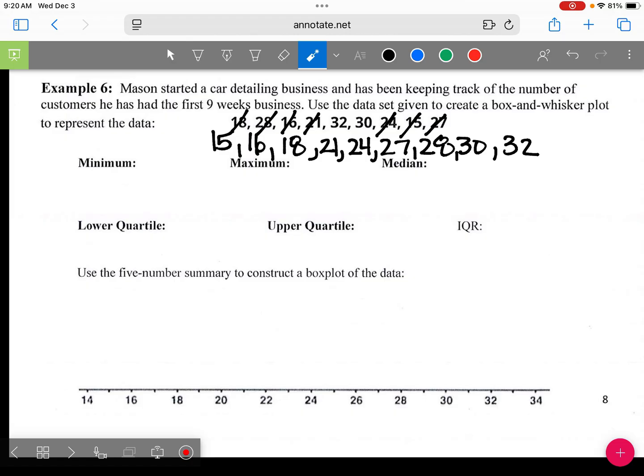Find the max, the min, and the median. And we could talk about the Q1, lower quartile, and upper quartile together.